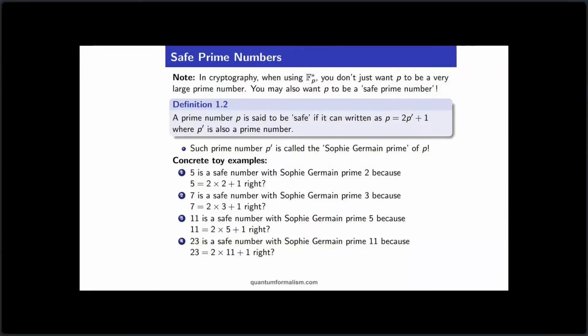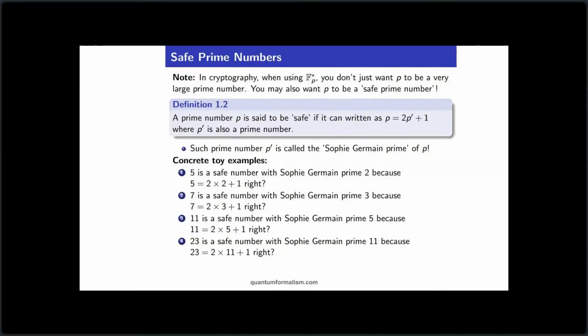So let's see if I get this definition correct. A prime number P is said to be safe if it can be written in this form. So there exists another prime number, let's call it P prime, such that you have this. And this P prime is called the Sophie-Germain prime of P. Here are some quick examples.